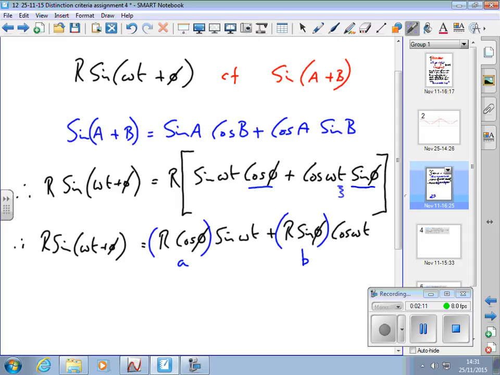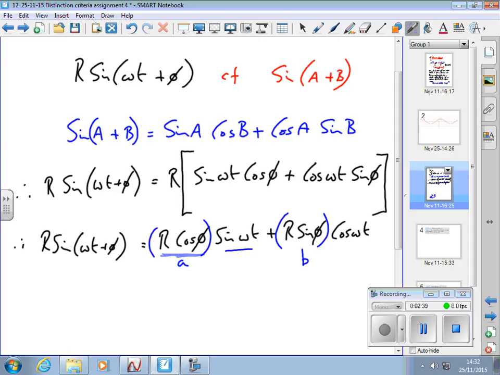So if we expand out this bracket, we get r cos phi sine omega t and r sine phi cos omega t. All I've done is put the bits that are constant together, and then the cosine function, the thing that's changing at the end. The bit that's constant together and the bit that's changing at the end.